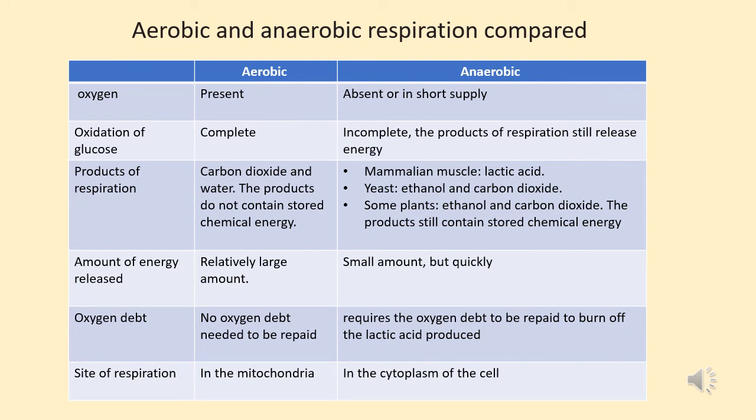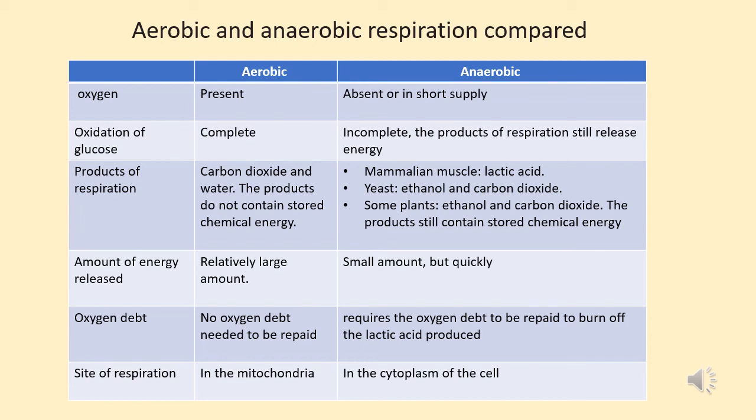So to summarize, I'll finish off with some key points. Point 1. If muscles work hard for a long time, they become fatigued and don't contract efficiently. If they don't get enough oxygen, they will respire anaerobically. Point 2. Anaerobic respiration is respiration without oxygen. When this takes place in animal cells, glucose is incompletely broken down to form lactic acid. Point 3.